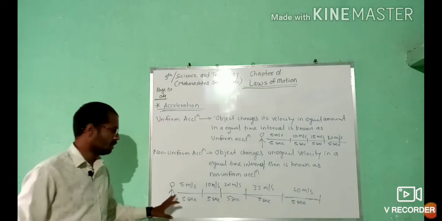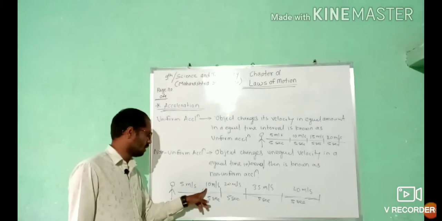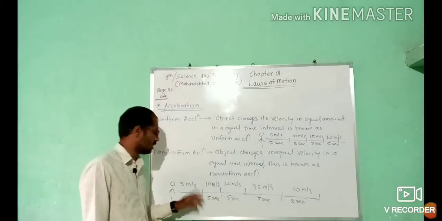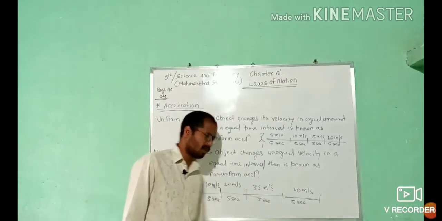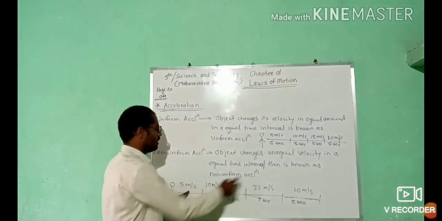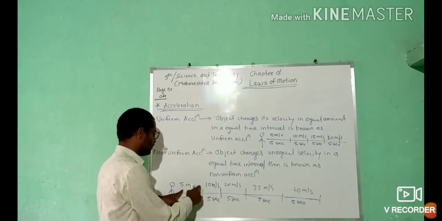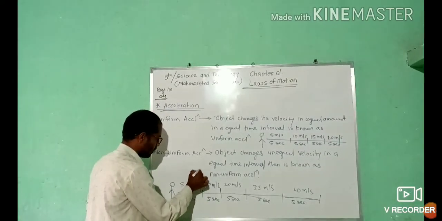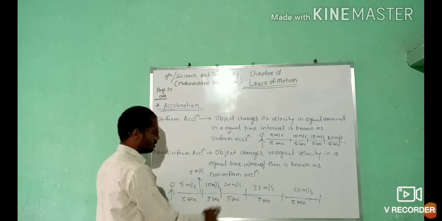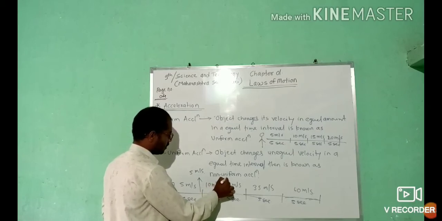Look after every 5 seconds. So first of all he has a speed of 5 meter per second, then he attains a speed of 10 meter per second. After that he attains a speed of 20 meter per second, then 35, then 40, which means the change in velocity is different for each interval. For the first, the change in velocity is 10 minus 5, so there is a change of 5 meter per second. Now here the final velocity is 20 and the initial velocity is 10, so 20 minus 10, it has 10 meter per second.